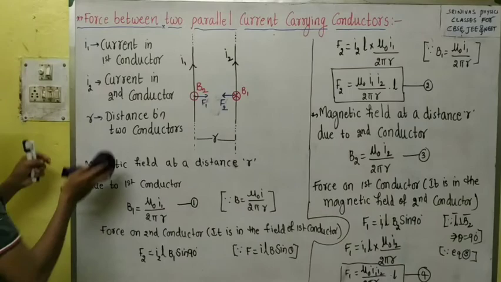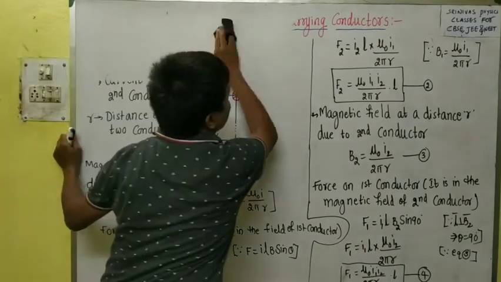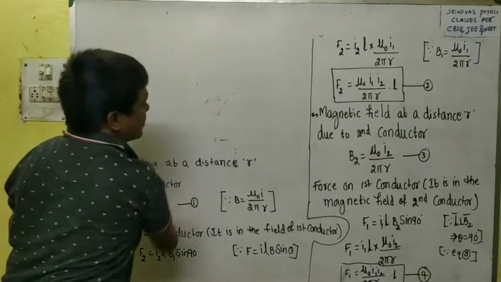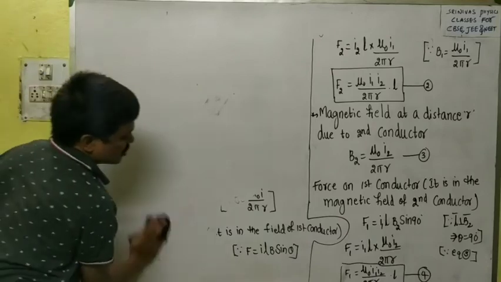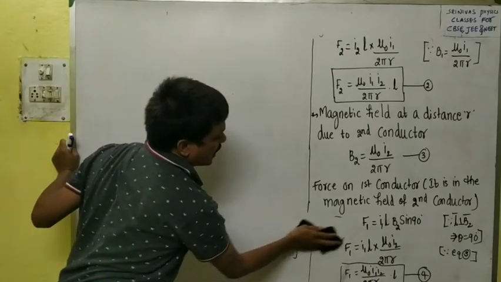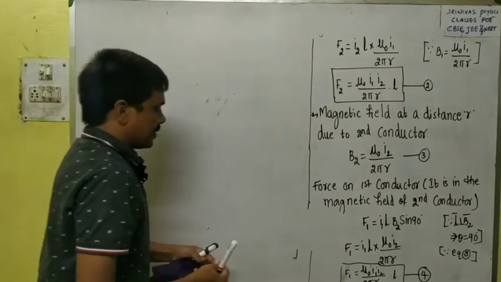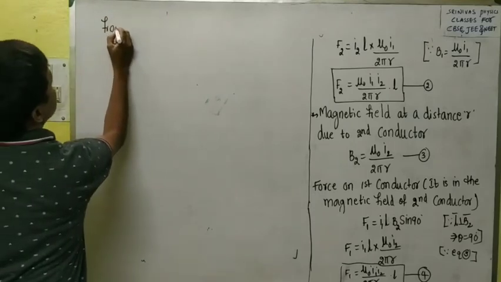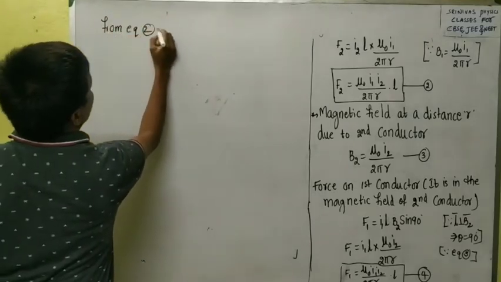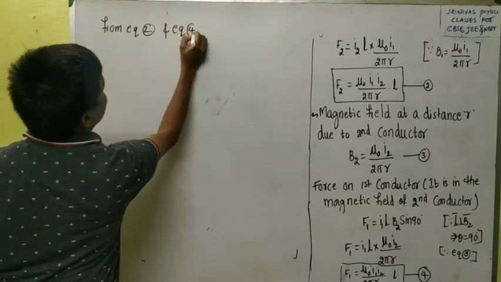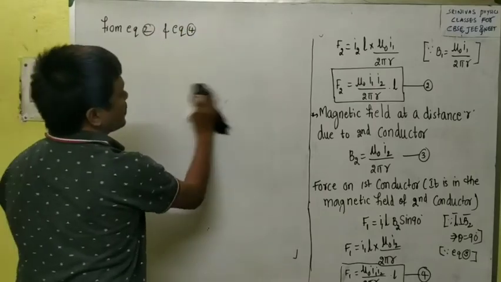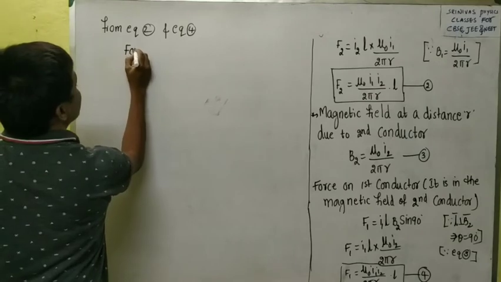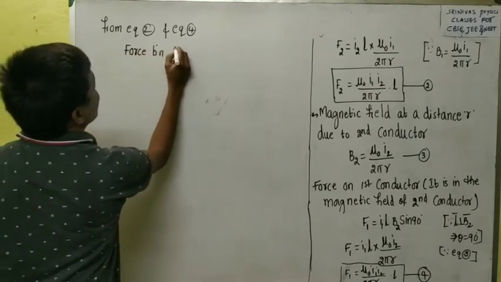Now, from equations 2 and 4, we derived the force between two parallel conductors formula.